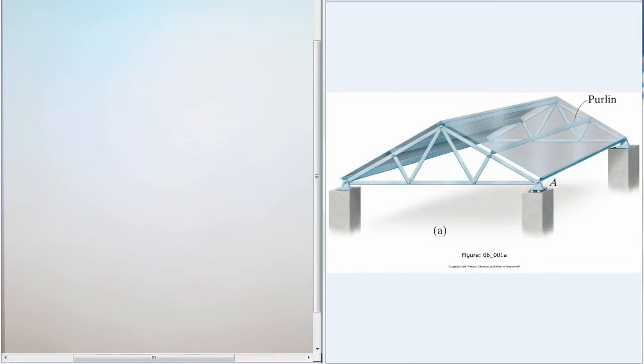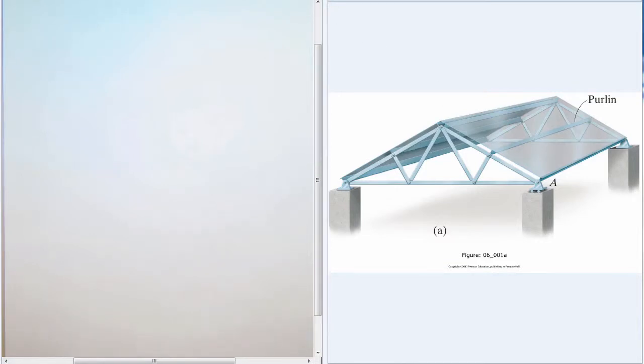There are a couple of assumptions that we'll make whenever we're working with trusses. We assume that the loadings on the truss are applied at the joints, so they're applied at the points where the members are connected.